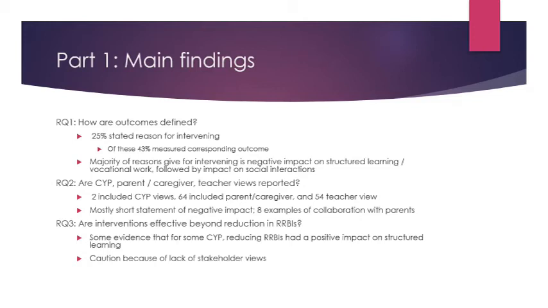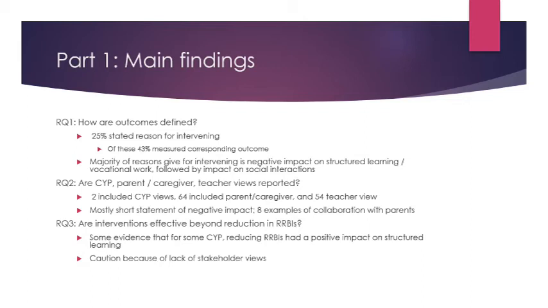They should have been stated, that they tried to access children and young people's views, but for whatever reason, the methods they used weren't suitable. But what I could say is that when they did report those views, they were mostly a short statement of negative impact. So no in-depth exploration of what the meaning of the behavior is for the child or what the function is. And there were only 8 examples of collaboration with parents.